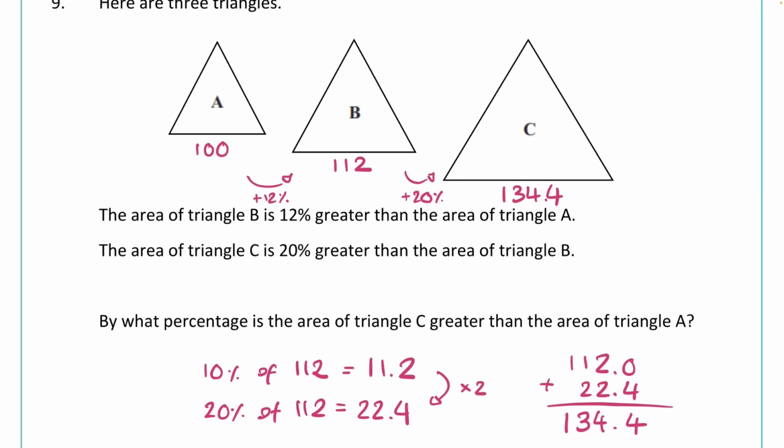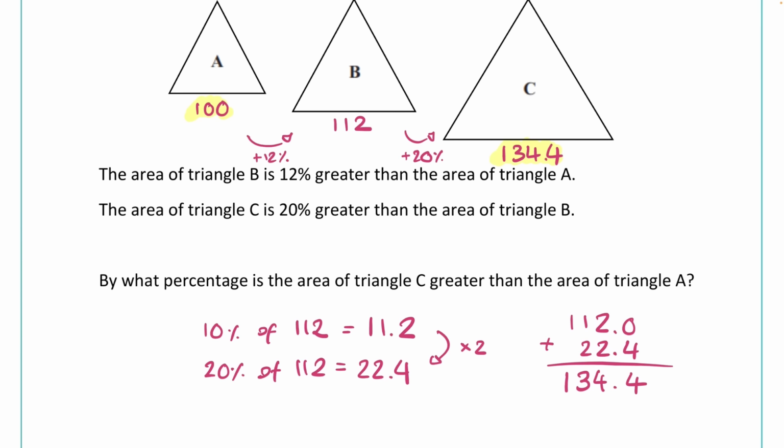So A could have started with any number, but the reason this works so nicely is because looking at the percentage change from 100 to 134.4 is very nice, because whatever number is added onto the 100 is just the additional percentage. So in this case, it's 34.4%, and that's my final answer.